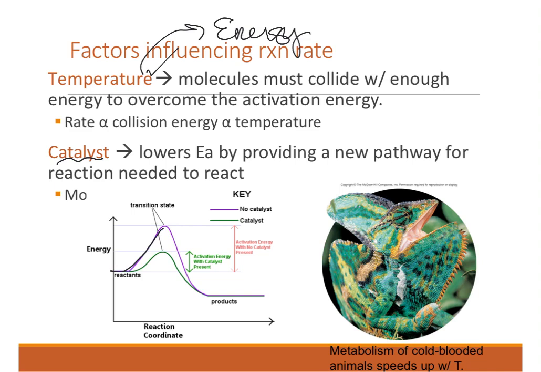So what a catalyst does is it literally opens up a new pathway. Like if you're trying to get to the other side of the mountain, if you drilled a hole through the base of the mountain, you'd be creating a new pathway, which would require less energy. Well, that's what a catalyst does. So notice here, if you have a catalyst, the activation energy is literally lower than if you didn't have the catalyst. That is it for Introduction to Kinetics.